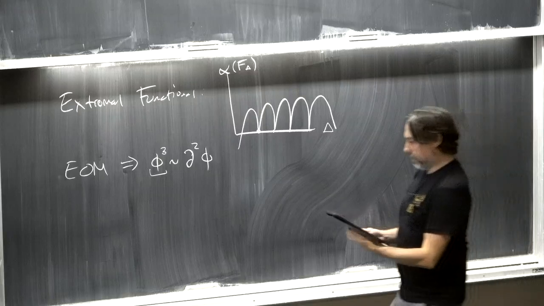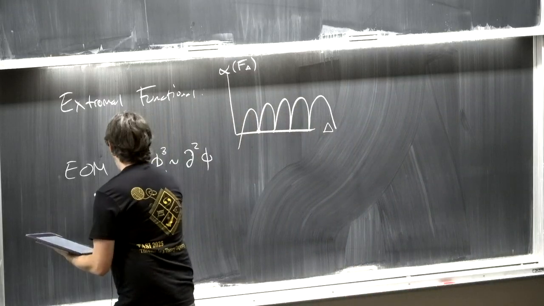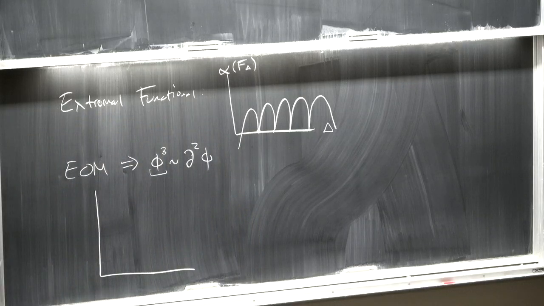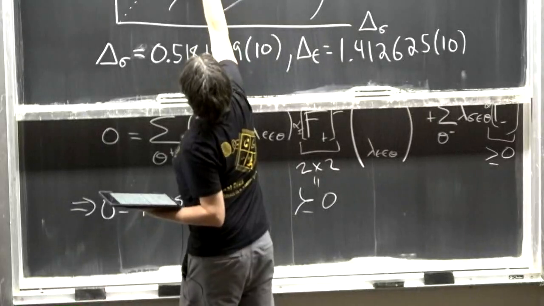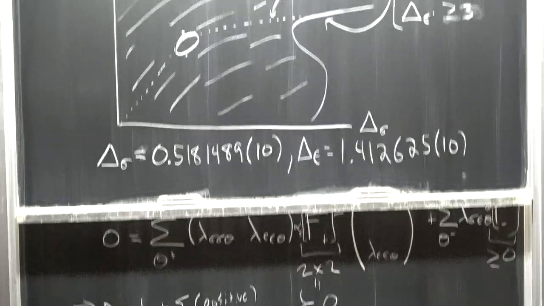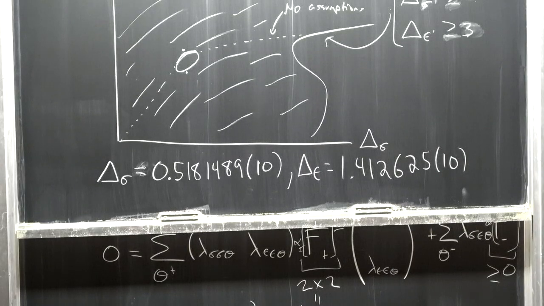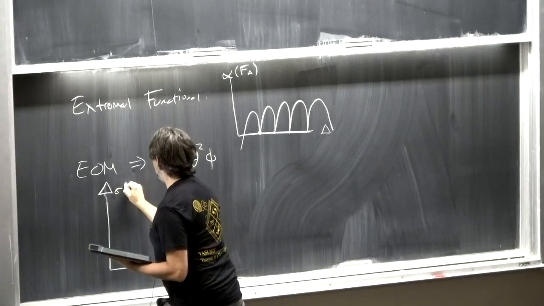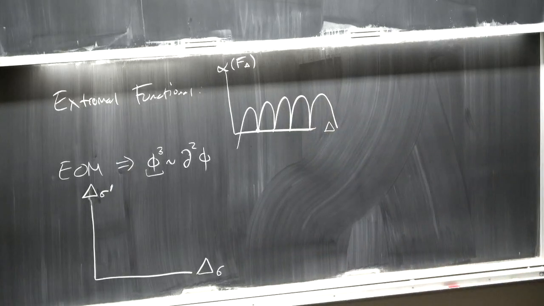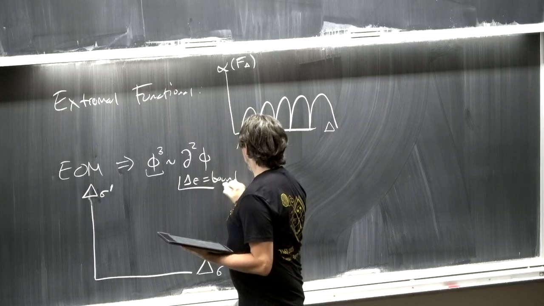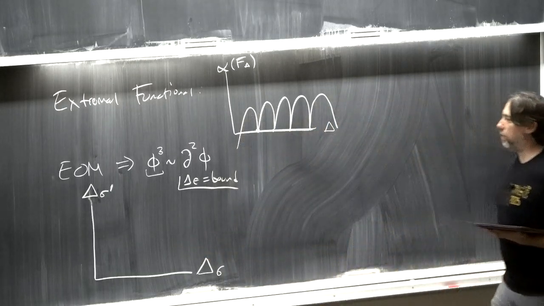You can also see this, for example, if you follow the boundary of the island and see what's happening. So let me see, if I try to plot delta sigma versus delta sigma prime, where I let delta epsilon follow the boundary, you can ask what happens.